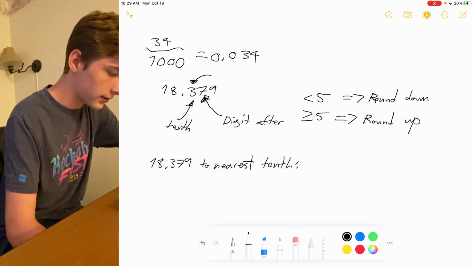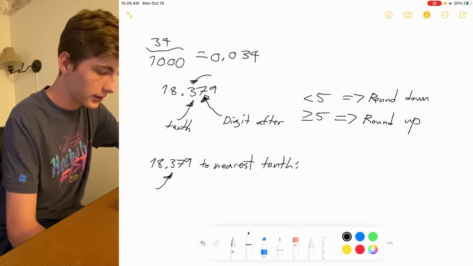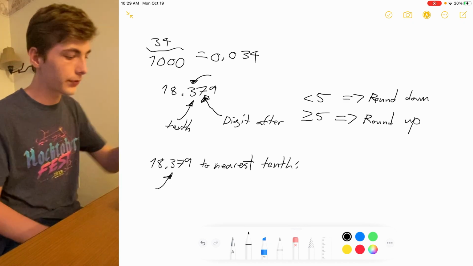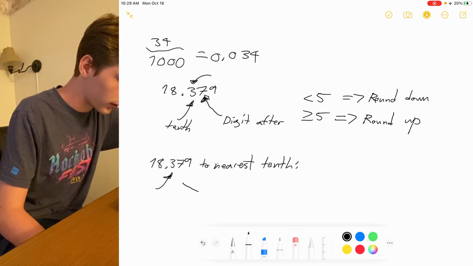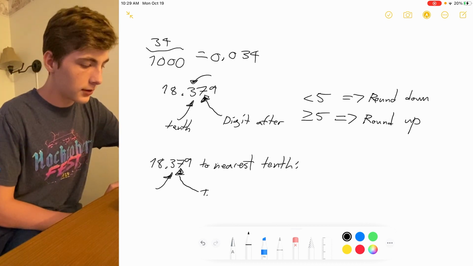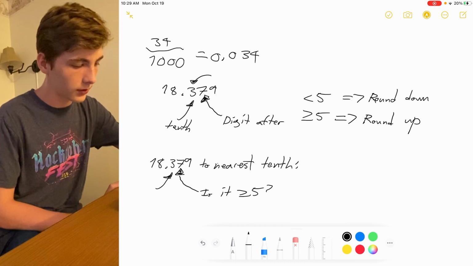We look at that digit. That's going to be the last digit in our answer. We're going to look at the digit right after it, the 7, and ask ourselves, is it greater than or equal to 5? Basically, that is our question.